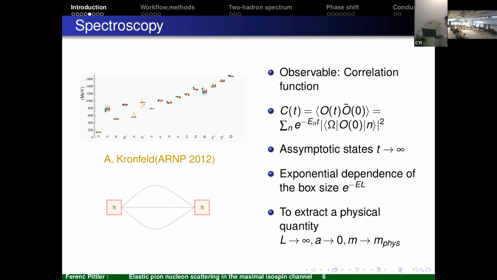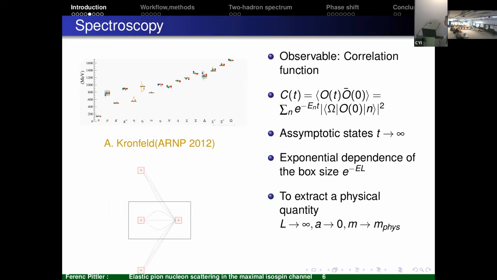And of course, if we put the particle inside the box, then we have some finite volume dependence that we have to care about, due to the fact that if your box is periodic, then the propagation from these mirror charges to the final point also gives a contribution.